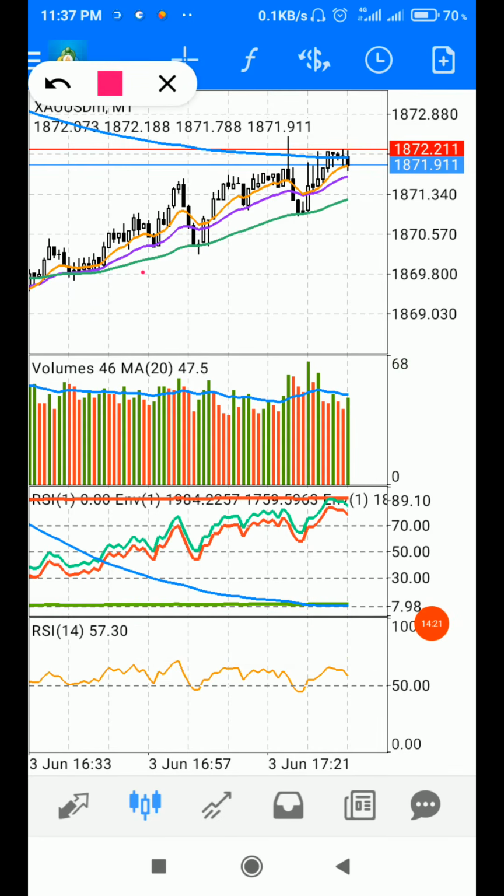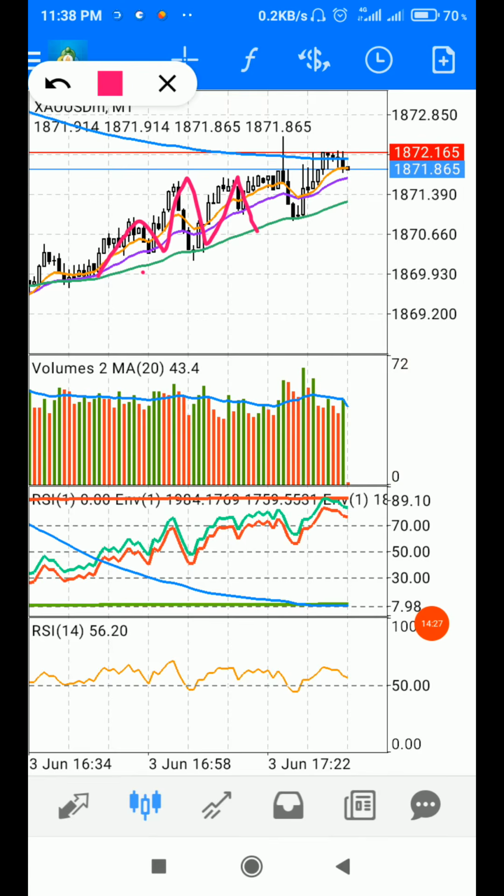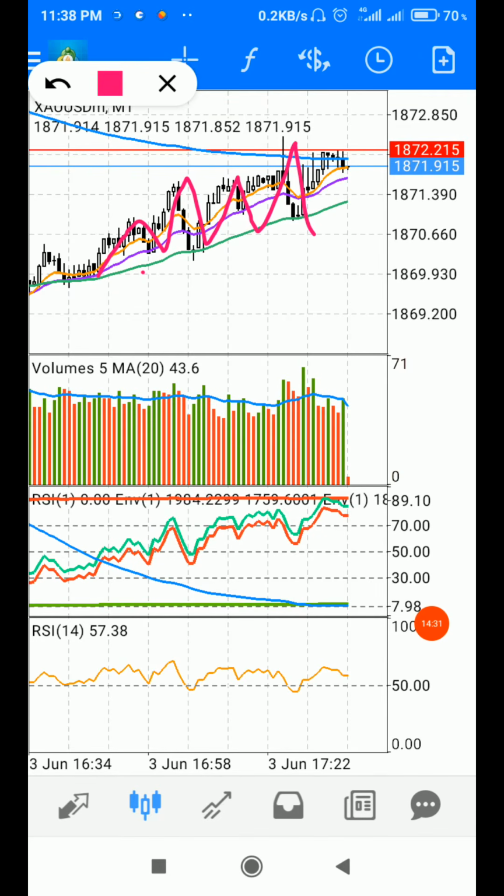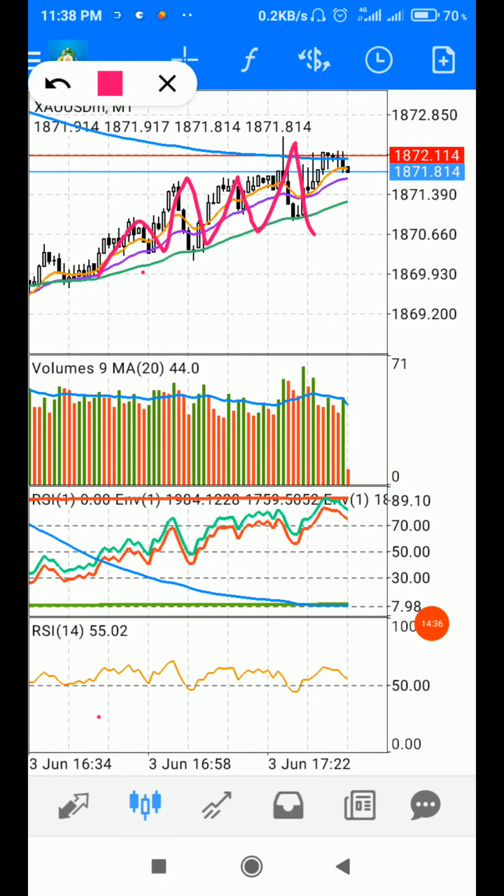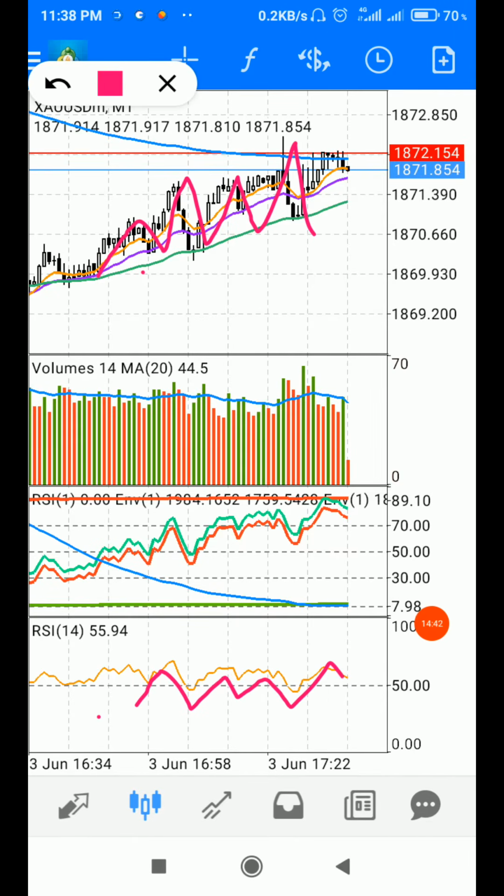So our price is going here, downing, here, downing, here, downing, here, downing. Okay, now let's see in the RSI, from here to here, here to here, here to here, here to here.